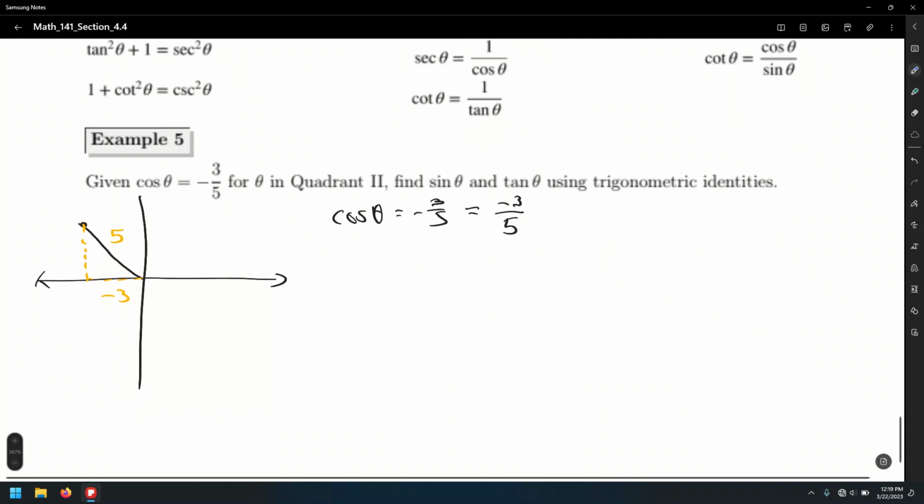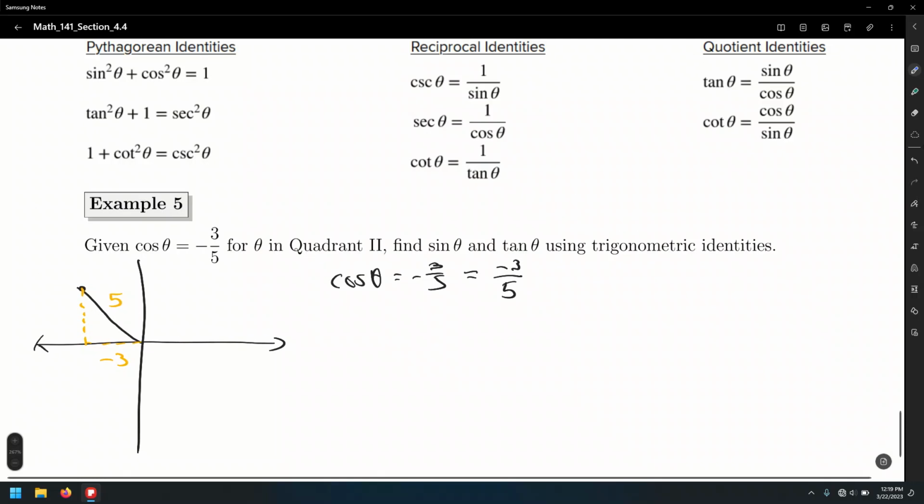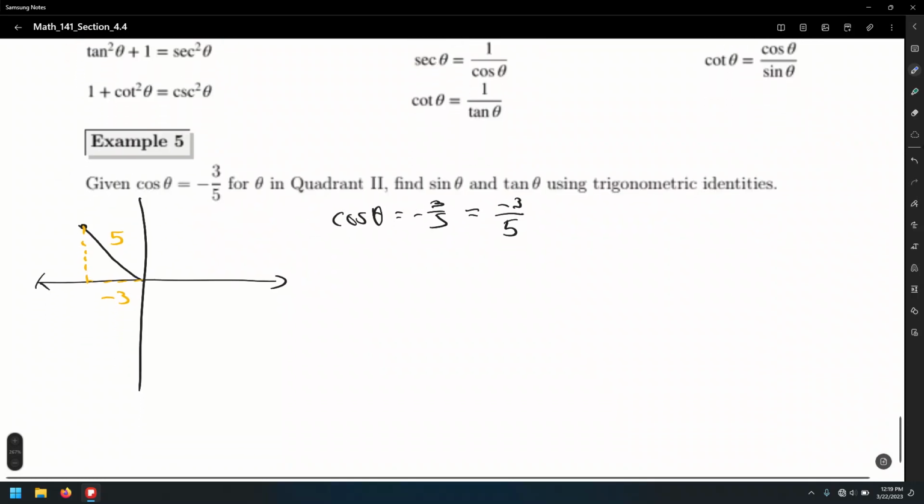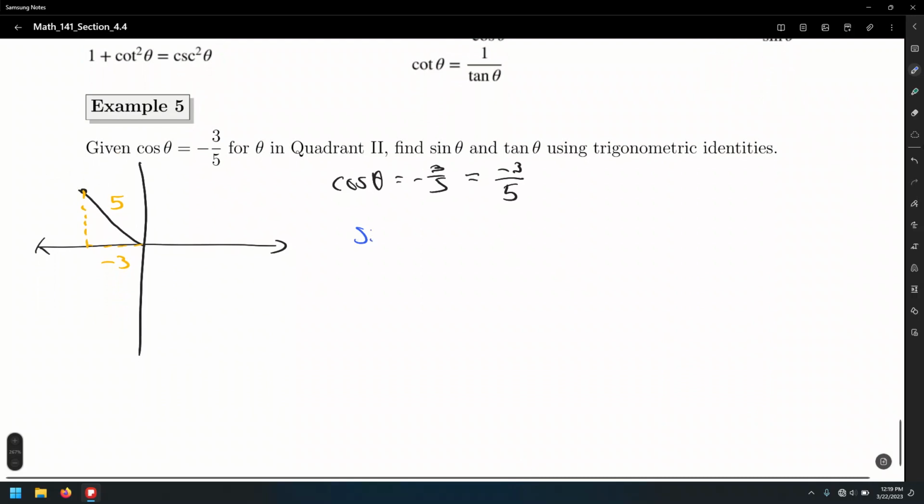And in this case, how about we use the Pythagorean identities, because sine squared plus cosine squared equals 1. So sine squared theta plus cosine squared theta equals 1. We know that cosine is negative 3/5, so sine squared theta plus the quantity negative 3/5 squared equals 1.